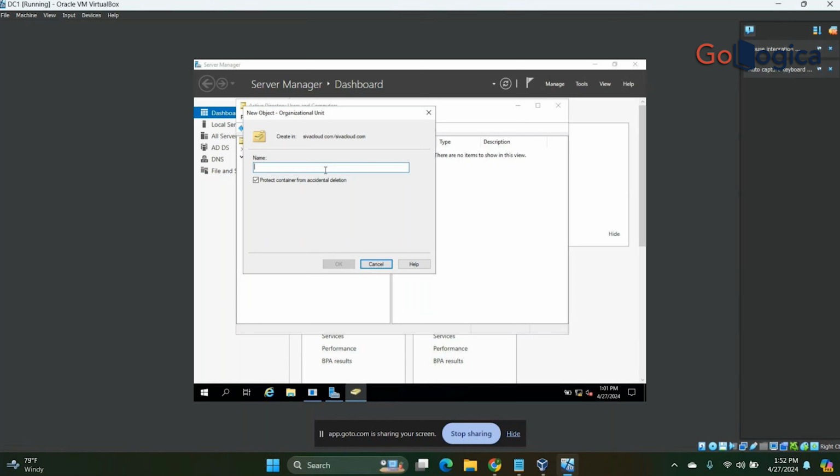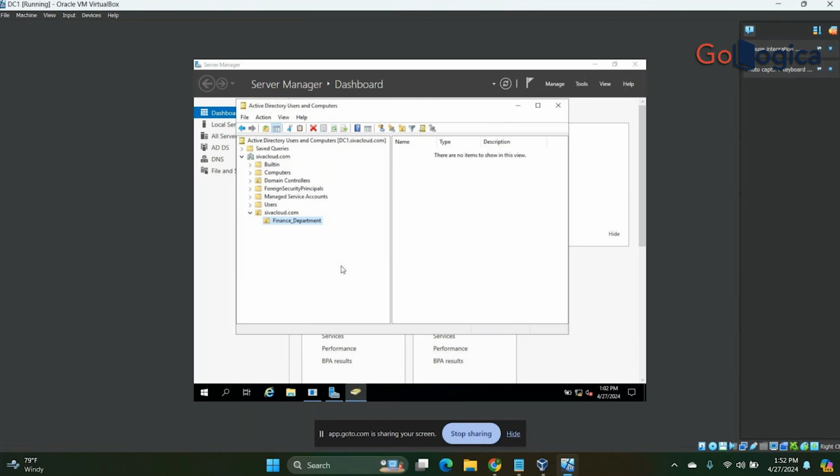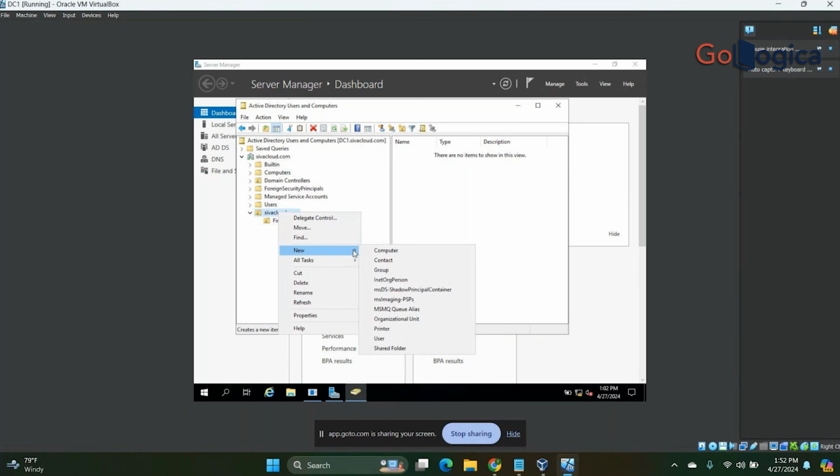You want the finance department to be there. Now create one finance department. Just write down Finance. Click on OK. So this one department has been created. Now again go back to shivacloud.com and create HR department, marketing department and IT department in a similar way.